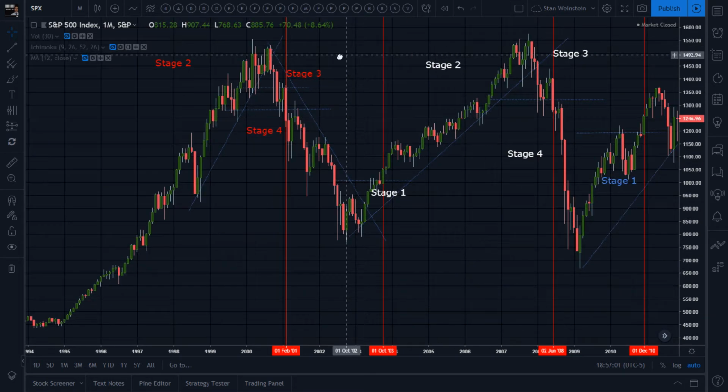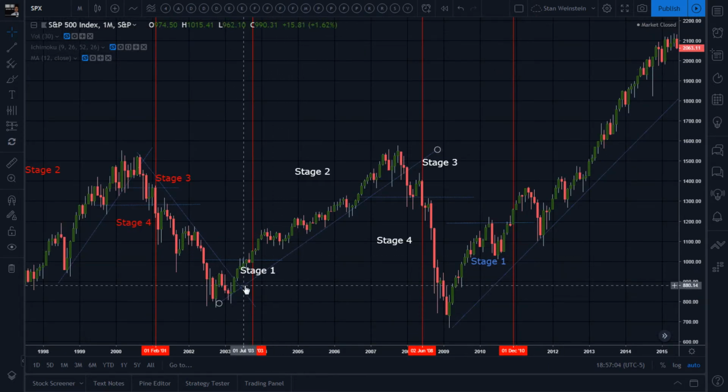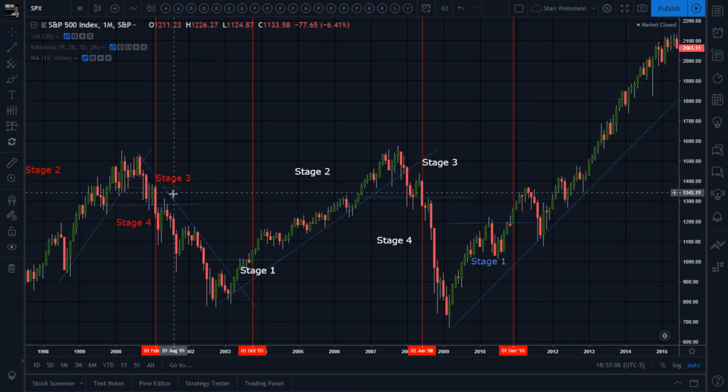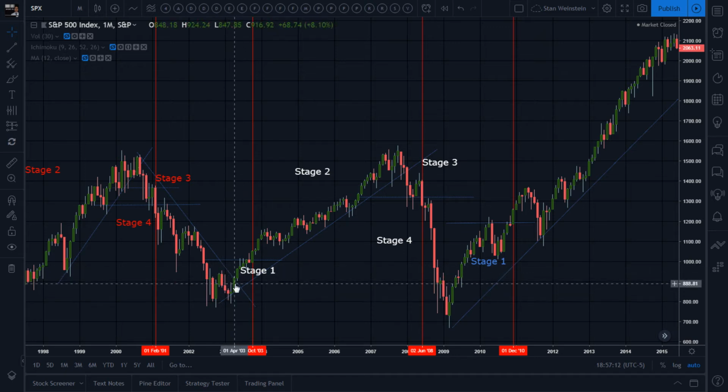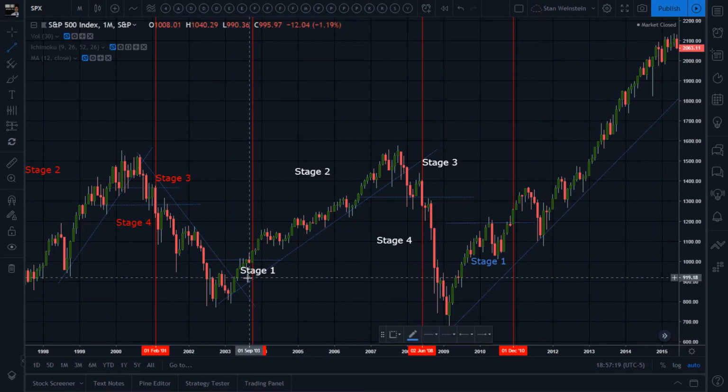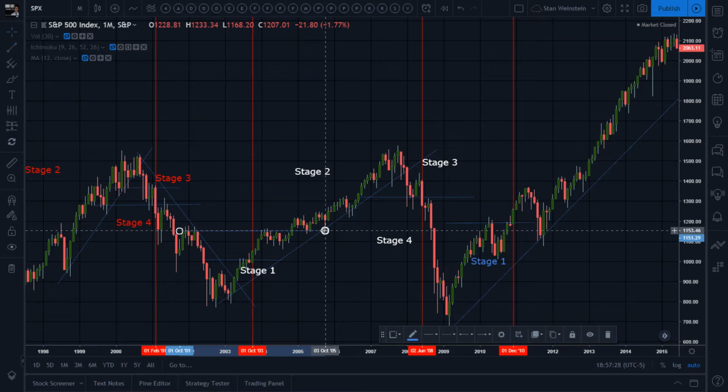Let's go to 2003. Okay, so now we're going down, stage 3. When you see 1, 2, 3, or very close to break above, we're back into stage 1. So where's my horizontal breakout line? Well, I had one here. Could have been another one higher, which would have taken you deeper into stage 2 before entering.